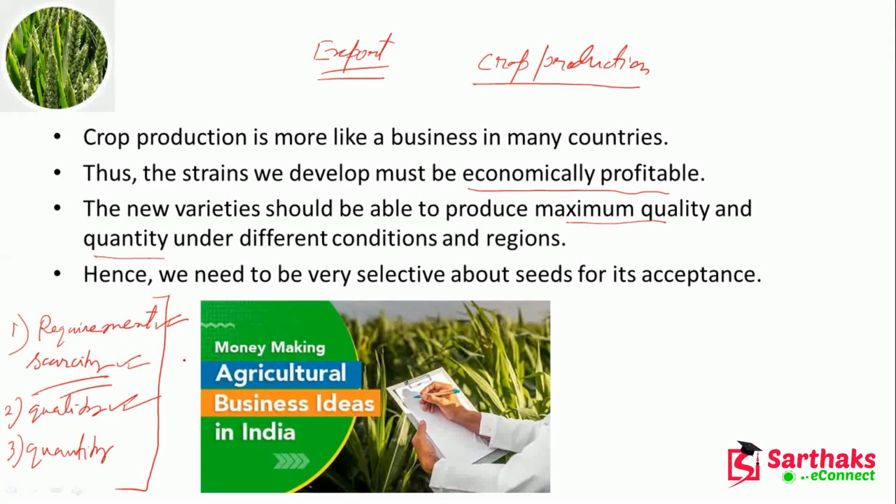So that is very, very important, right? Agriculture is a business idea, a money-making business idea. And if your cultivation is economically profitable, then it's okay, you can move forward and do it.